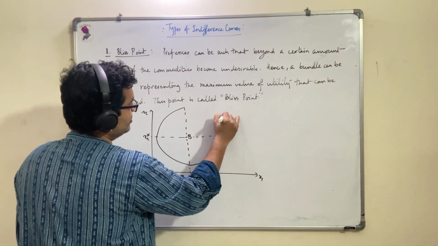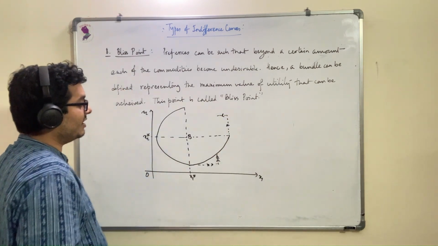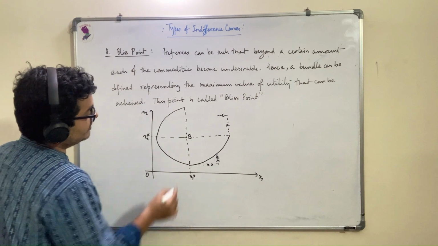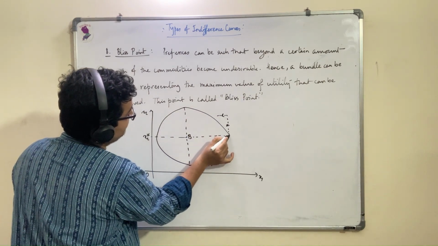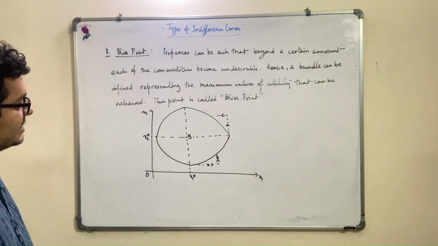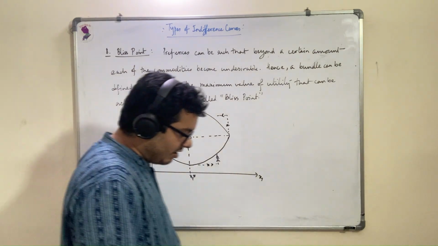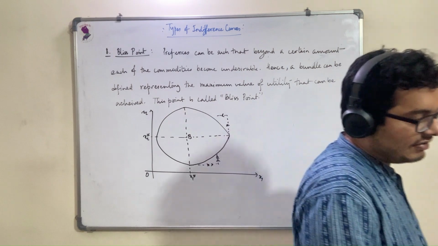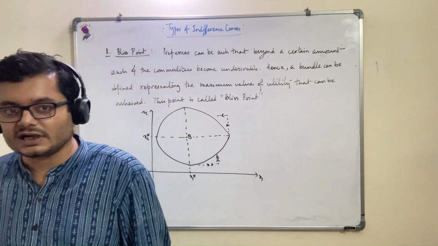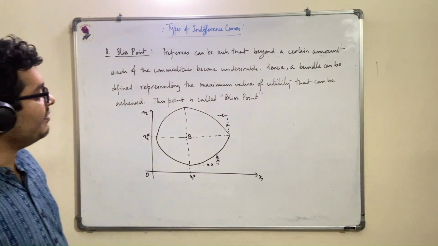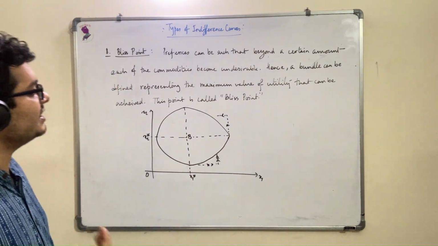Okay, so two undesirables. If you increase one of them, you have to decrease one of them. Following that, the IC will go like this. Okay, so this is one way of drawing IC from the English knowledge of preference. So you don't know the function, but you know the behavioral pattern or the preference in English words.